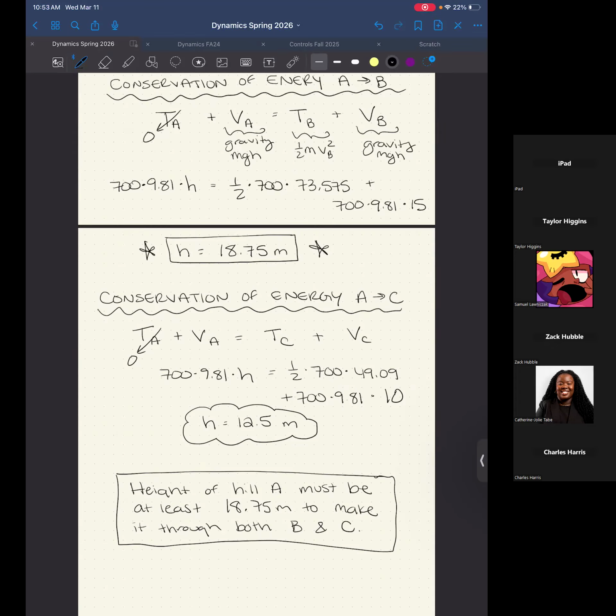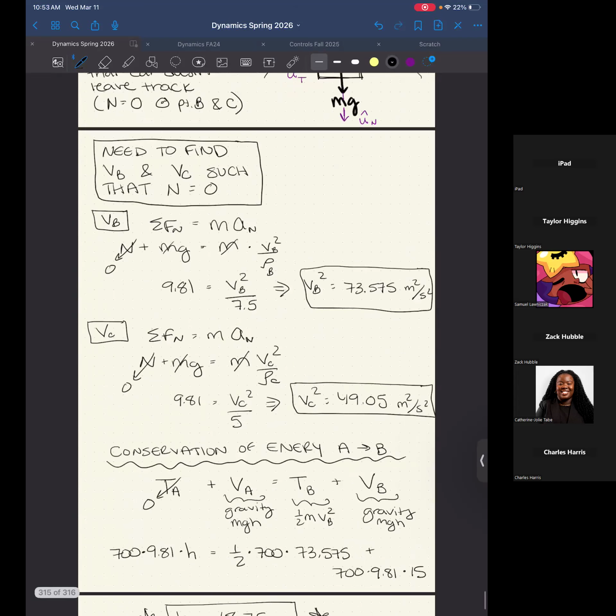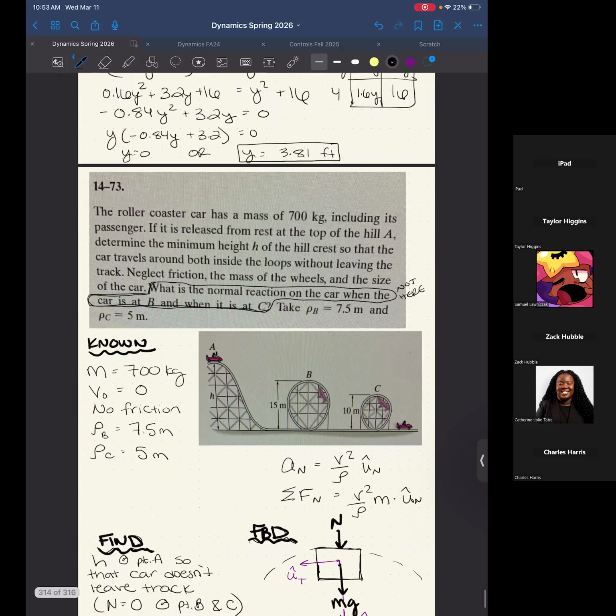Okay, we finished a little early. I don't have any third question, but if you have any questions, I'm happy to stick around. Can you show us how to do the next part of this problem? Which part? You said we want to have time to do the normal forces on this problem. Oh yeah, okay.